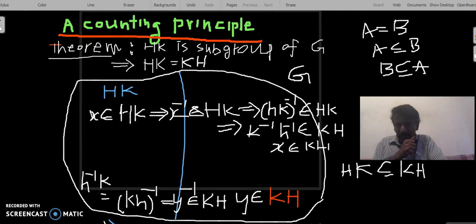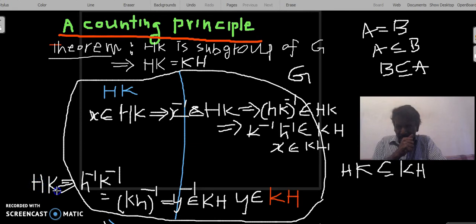Am I correct? This is of the form of a right coset, and definitely this belongs to which set? HK.